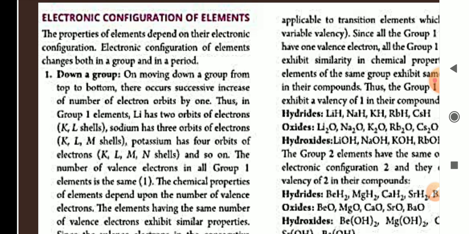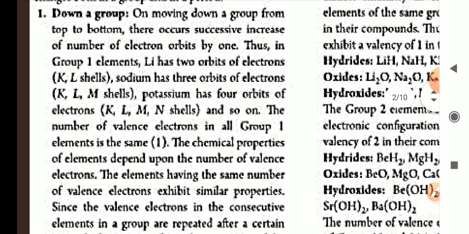Now if you move down a group, from top to bottom, if you open the periodic table in your textbook and see, when you come down the group you will see a successive increase in the number of electron orbits, one by one.